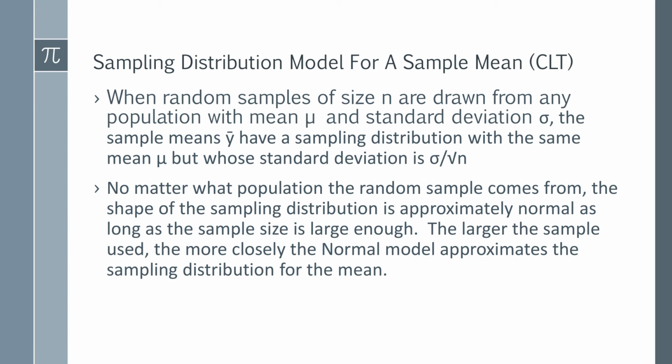No matter what population the random sample comes from, the shape of the sampling distribution is approximately normal as long as the sample size is large enough. And the larger the sample used, the more closely the normal model approximates the sampling distribution for the mean.